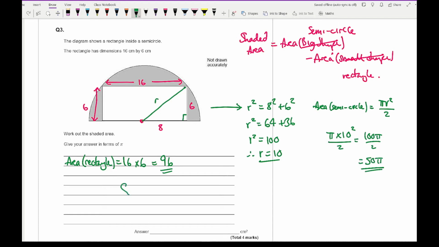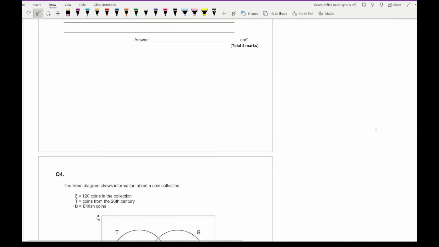So then here the shaded area is going to be 50 pi minus 96. And you could factorize that, but I'm going to leave it as 50 pi minus 96, and again just a reminder, I'm leaving my answer in terms of pi, so again this most likely will appear on a non-calculator paper.